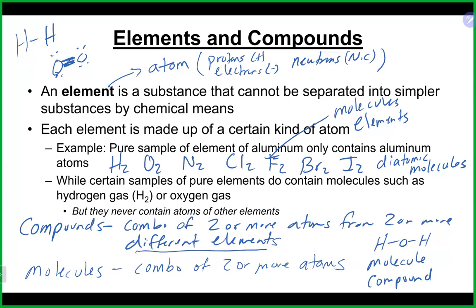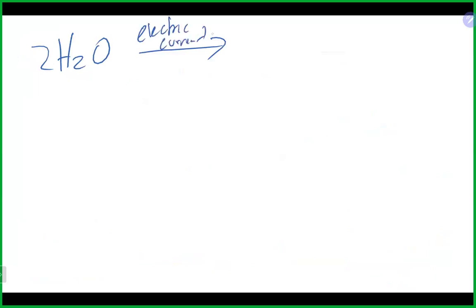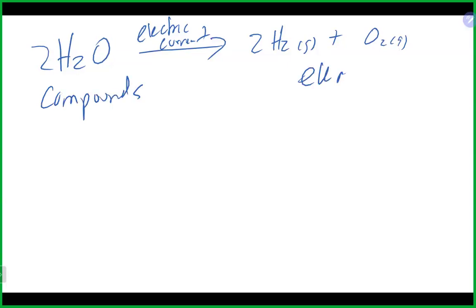As we talked about, you can take something like water, run an electrical current through it, and break it apart into hydrogen gas and oxygen gas. You could take it from its compounds to its elements, right?